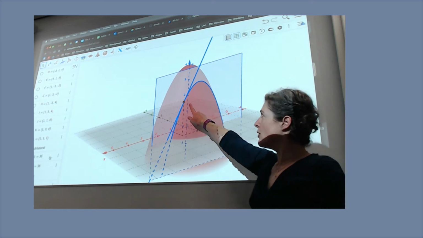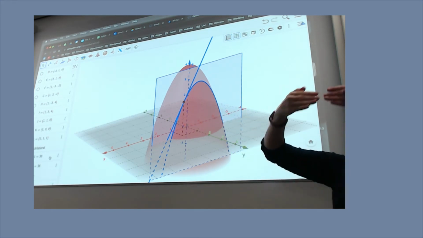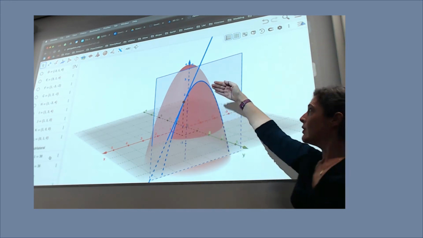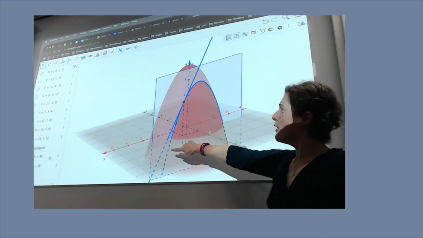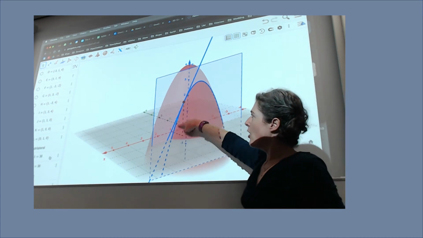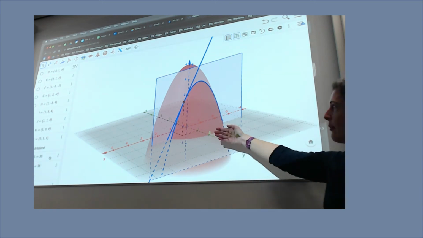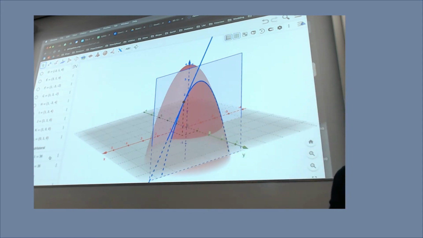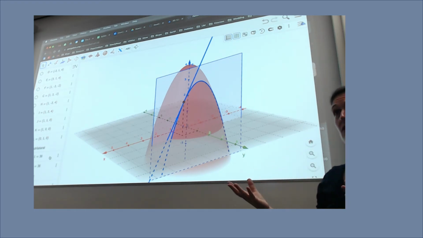So I'm looking at this point and imagining that I'm holding y constant. It's like I've chopped my surface along this plane here. And now I have a curve, and I can think about the tangent line on this particular plane, on that curve. And that's going to be our partial derivative with respect to x. So now I'm holding y constant and I'm just seeing if y stays the same, how does z change as I move along my surface in the x direction. So that's going to be my partial derivative with respect to x.